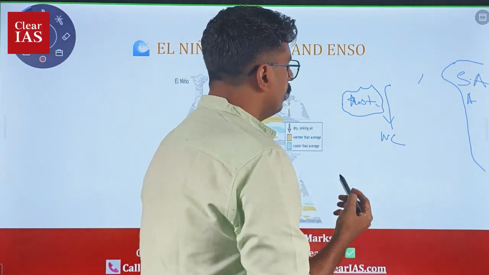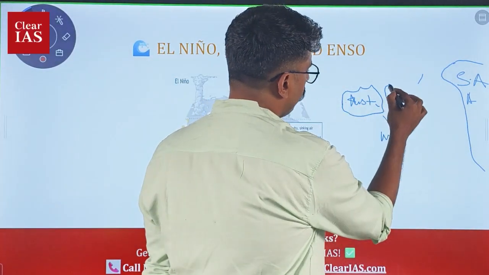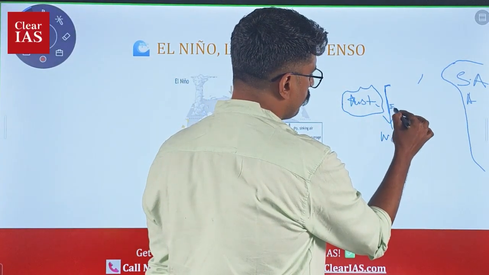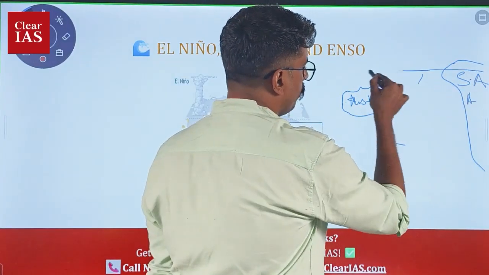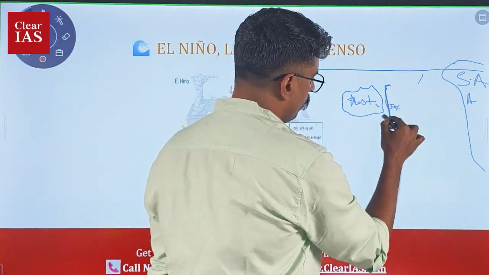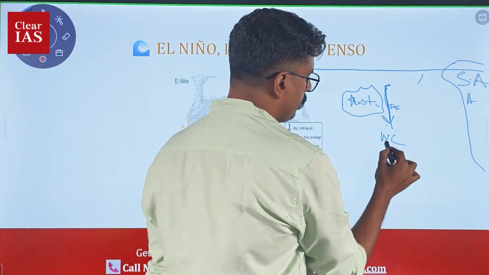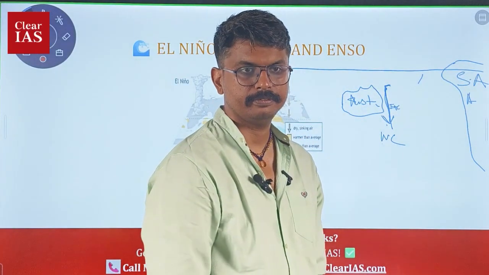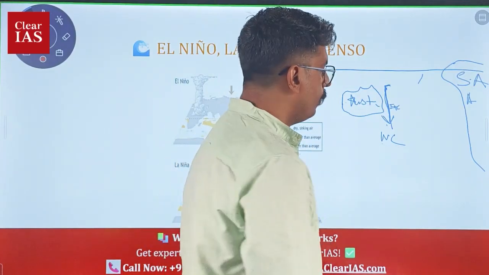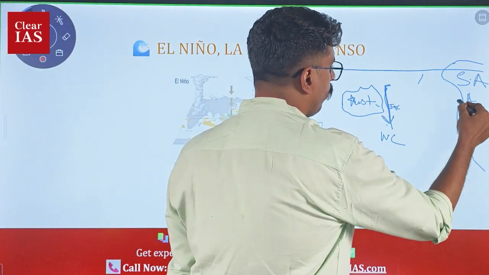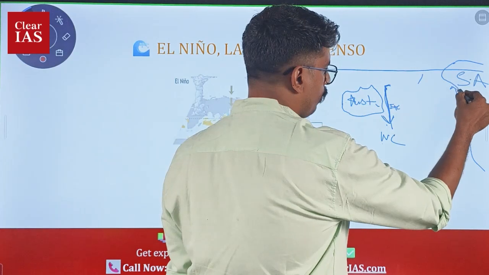So, Australia, we have the East Australian current, which is a warm current. Clear, everybody? Now, there is a cold current flowing here on the west coast of South America.